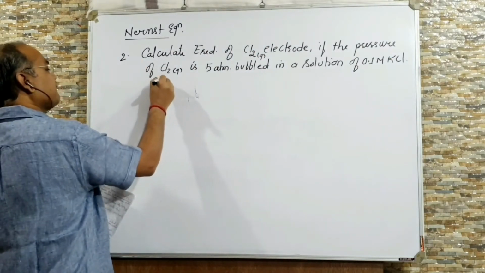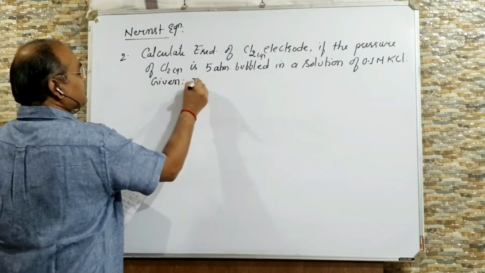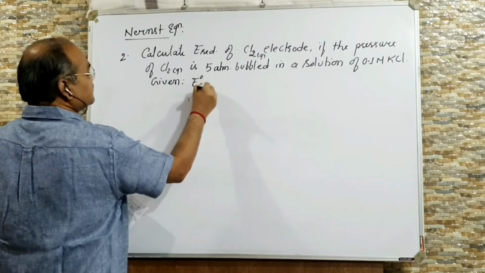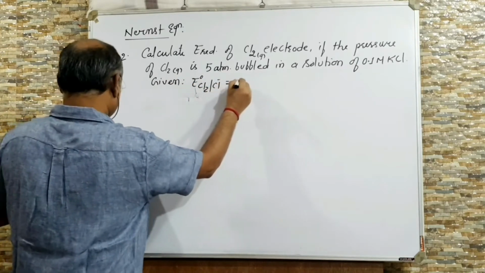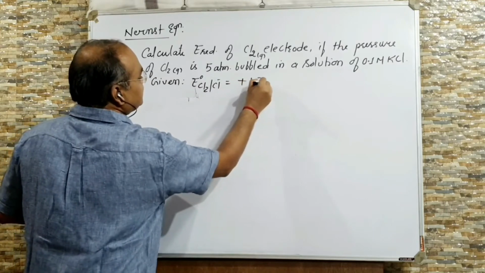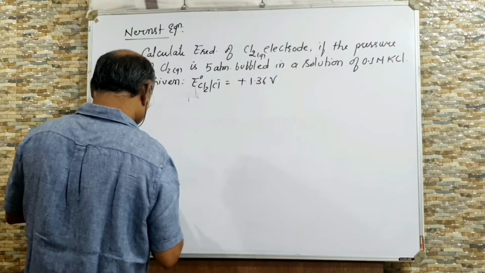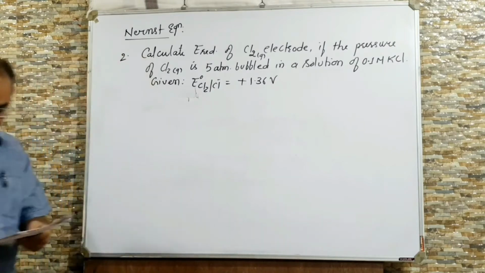Given E0 Cl2/Cl minus is equal to plus 1.36 volt. This time this is given. Now you have to solve this.